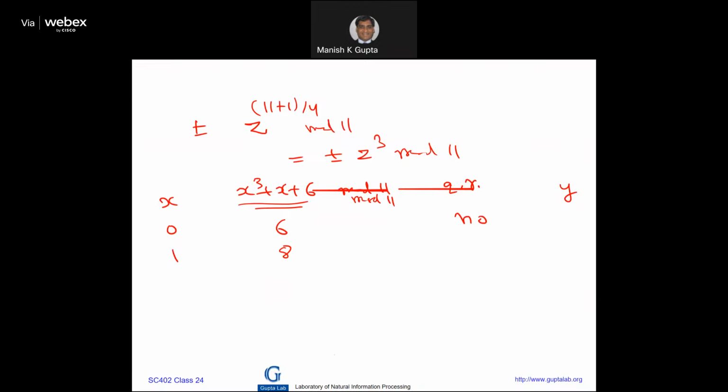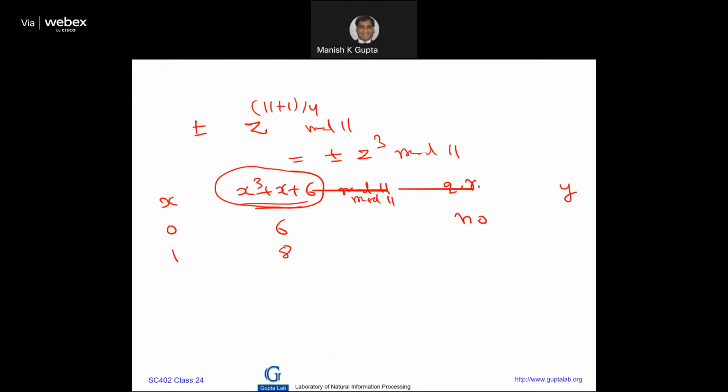You can compute, right? When x is equal to 0, obviously this value is 6 because we have only this quantity here. Can you complete this table? When x is 0, we get 6. When x equal to 1, it is 1 plus 6, which is 8. I'm just plugging in all the values of x modulo 11.